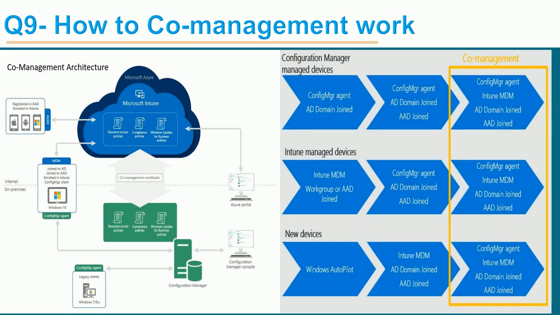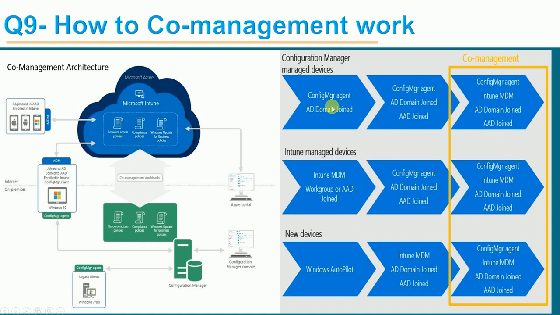Here is some more explanation to help you understand co-management. These are the Configuration Manager devices, Intune devices, and new devices. Let's understand the chart. Suppose you have the Config Mgr agent, like the SCCM client, and an Active Directory domain-joined device. Obviously, if you have the SCCM client, you will have an Active Directory domain device.